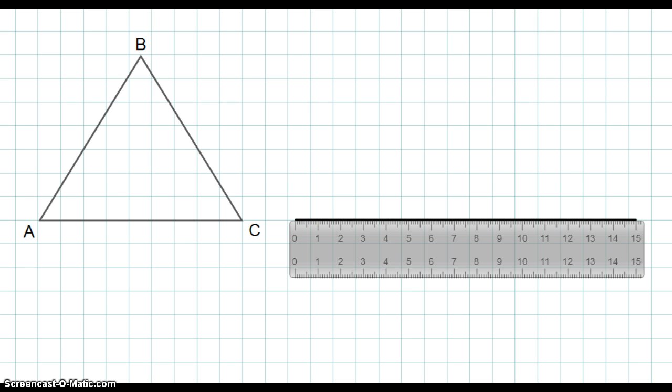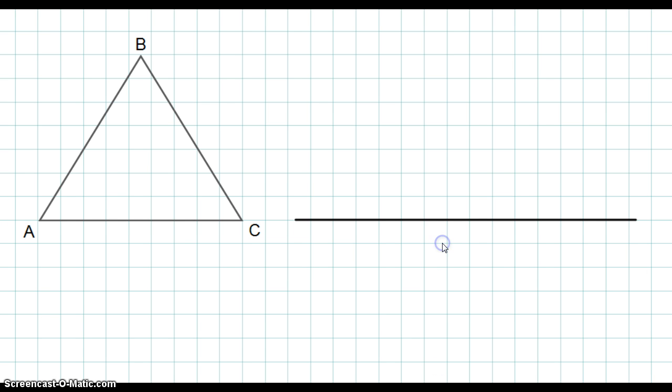So I'm just going to move this ruler here. As you can see, I've got a line. Right now there's nothing corresponding or the same about this line in any part of this triangle ABC. Like I said, I'm going to use this line to make the base of my congruent triangle.